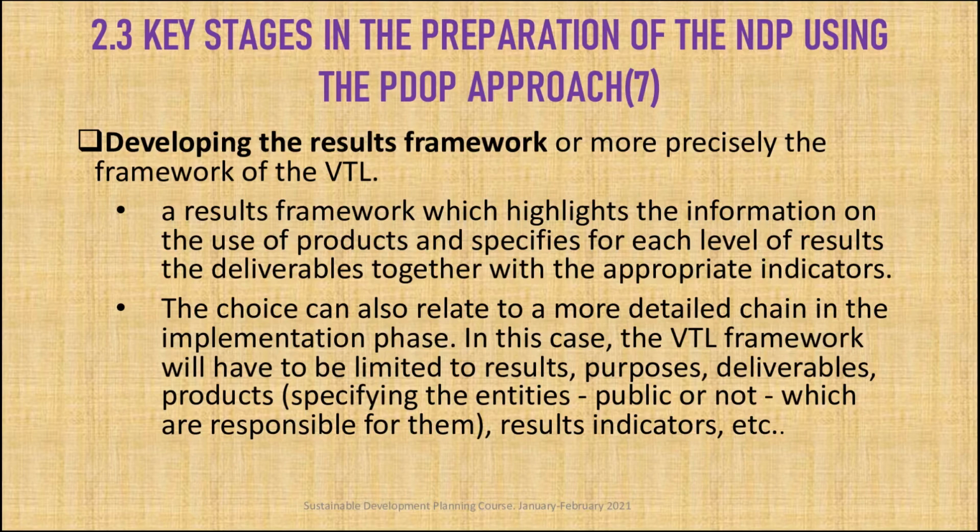The choice can also relate to a more detailed chain in the implementation phase. And in this case, the VTL framework will have to be limited to results, purposes, and deliverable products, specifying the entity, public or not, which is responsible for them, and then also the result indicator, etc.